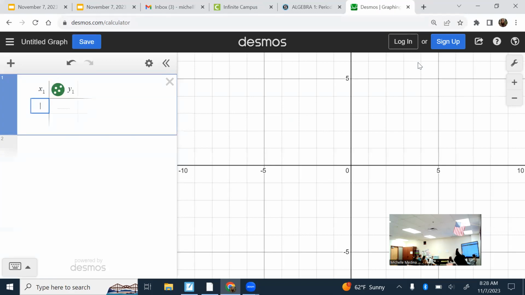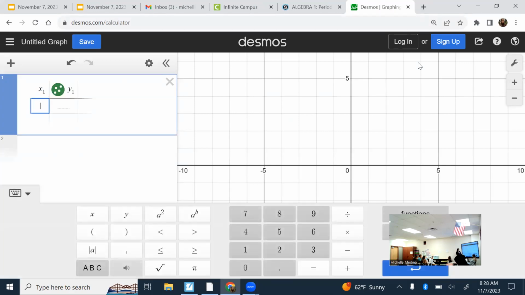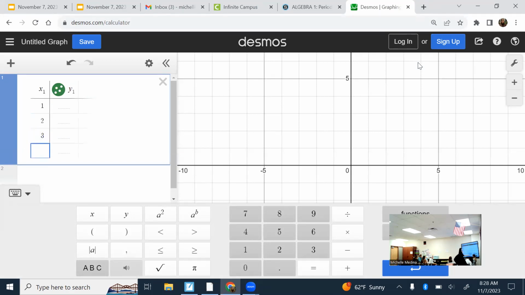So let's do for x's 1, 2, 3, 4. Okay. Let's see, what do I want to measure? Let's do something like this. Okay, so I just put some random data.